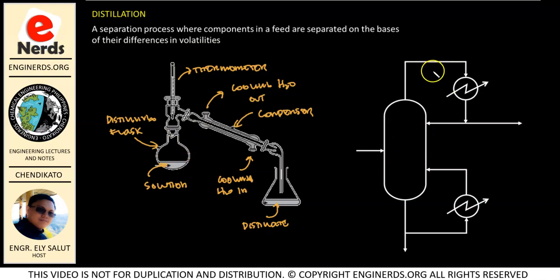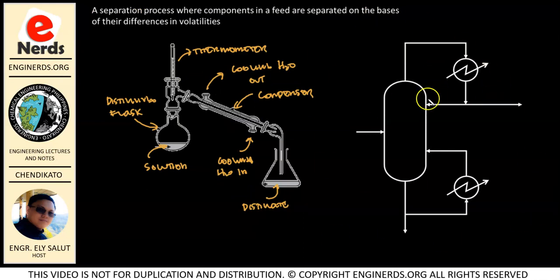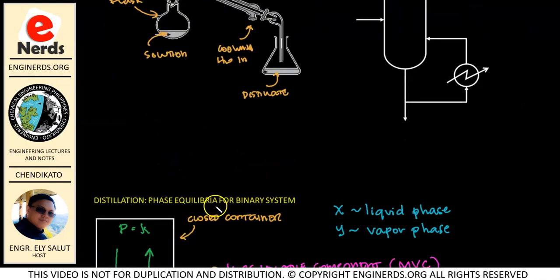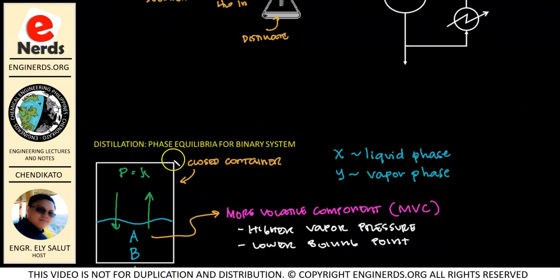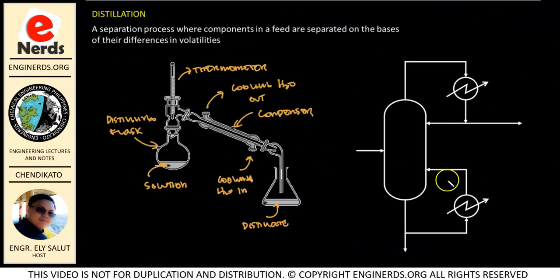Now, in our distillation diagrams in chemical engineering, you will find this as a typical example, no? Well, this is the solution that contains our components A and B if we have a binary solution like this one, no? So, in here, we call that a feed. So, dito manggagaling yan sa ating feed. So, ito yung pumapasok dito sa ating distillation column.